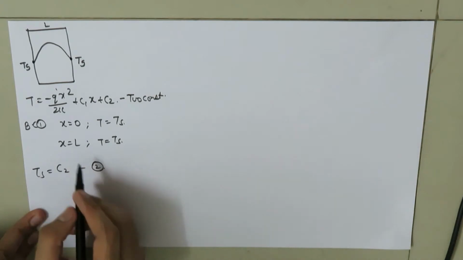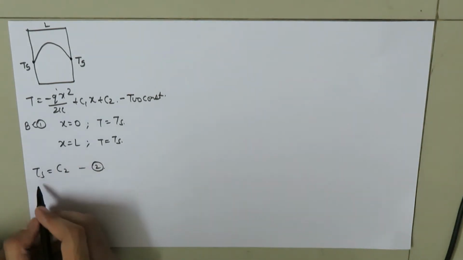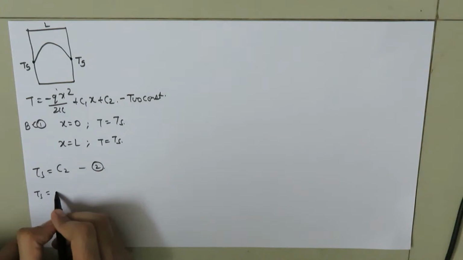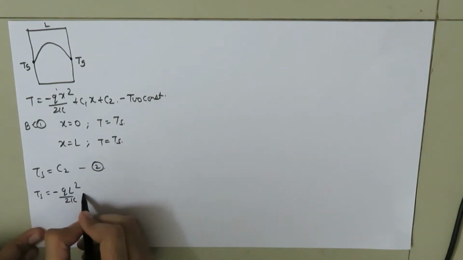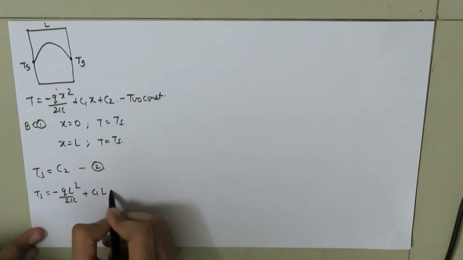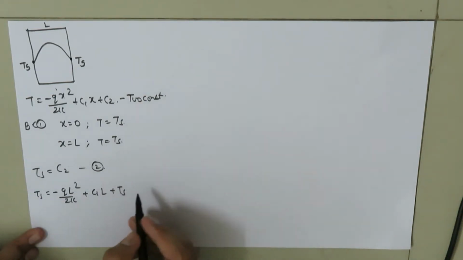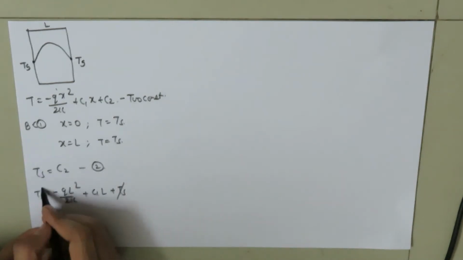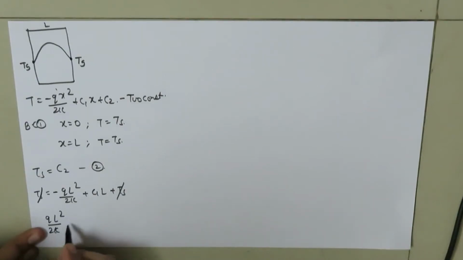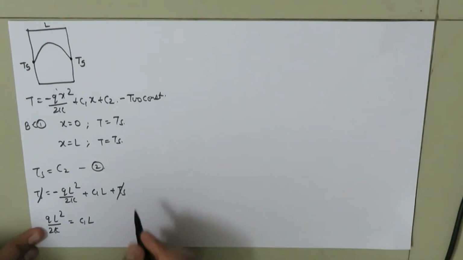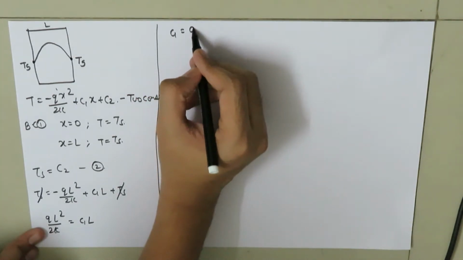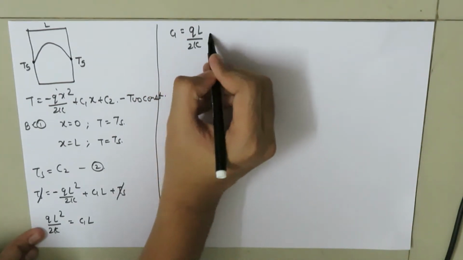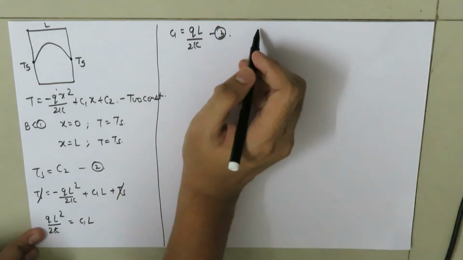Using boundary condition 2, Ts is equal to negative qL squared by 2k plus c1 times L plus Ts. So this Ts will get cancelled, and we get qL squared by 2k is equal to c1 times L, and our c1 is equal to qL by 2k. Let's call this equation number 3.